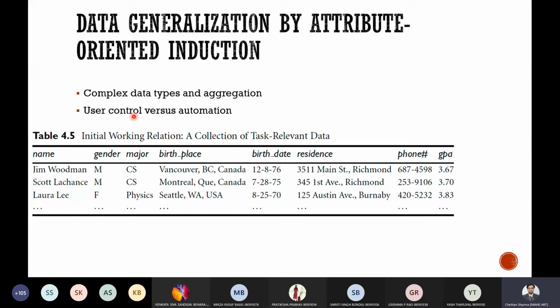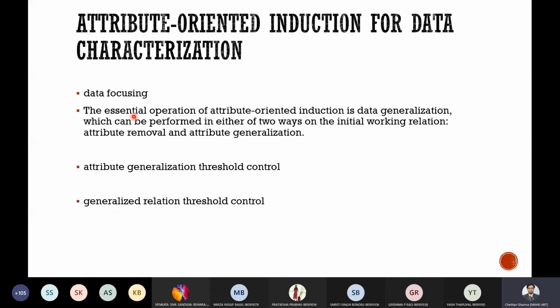These two things. Okay. So we'll study something called attribute-oriented induction. The general idea of attribute-oriented induction is to first collect the task-relevant data using some query, and then perform generalization on that particular data.